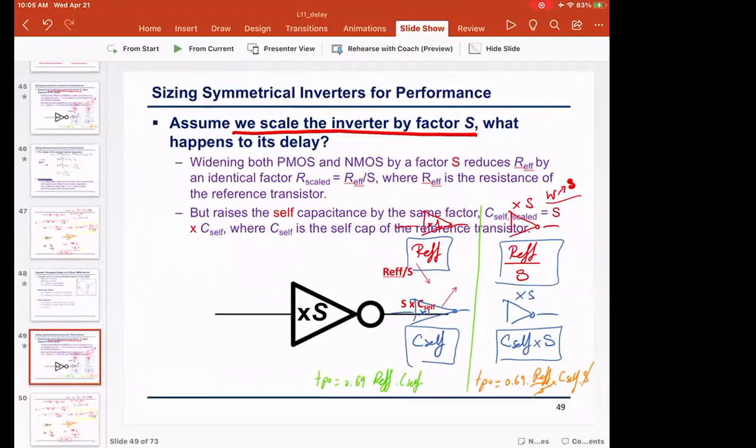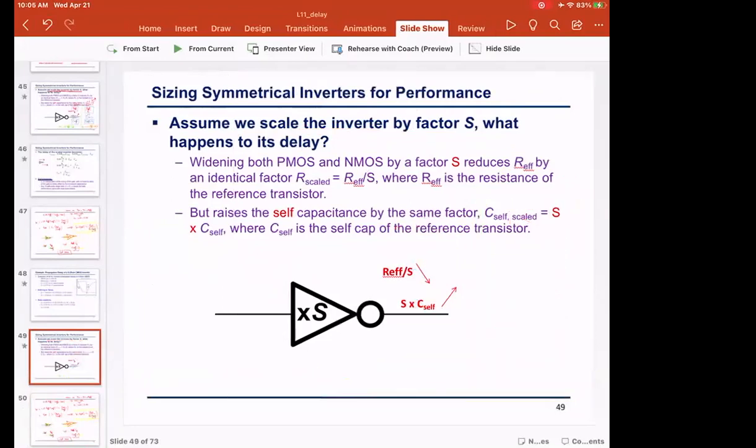So we looked at this slide and we saw that when multiplied by S, Tp0 remains the same.